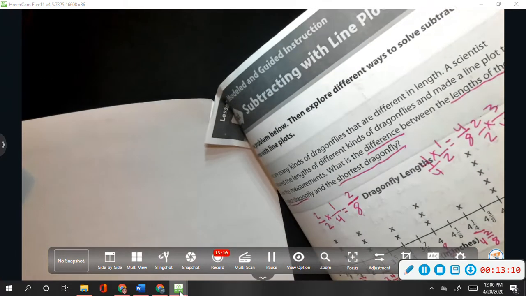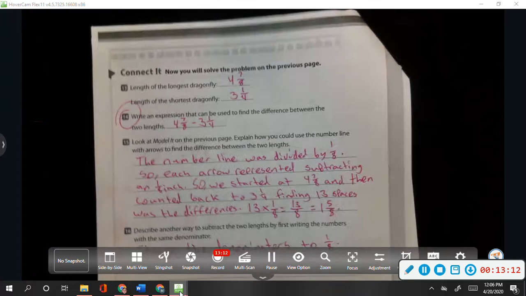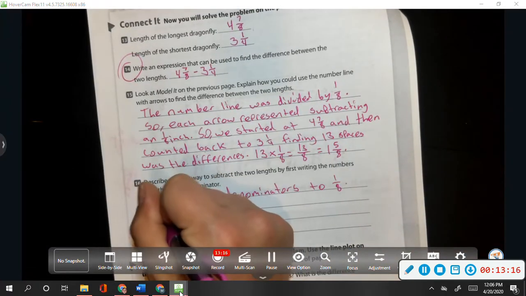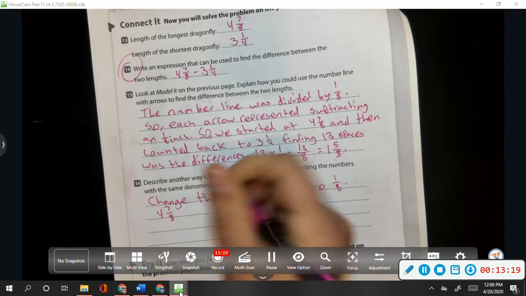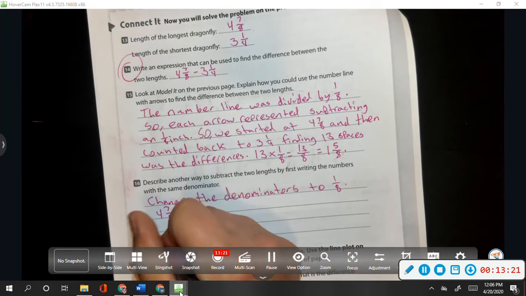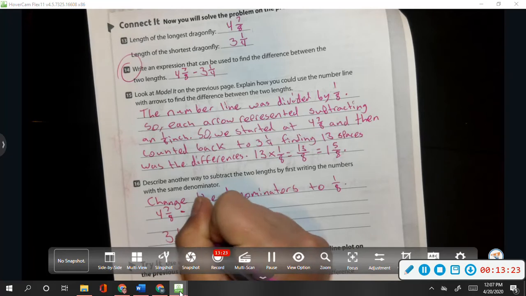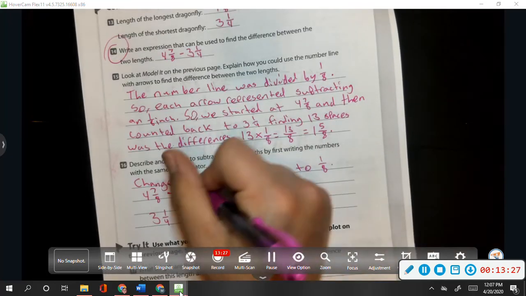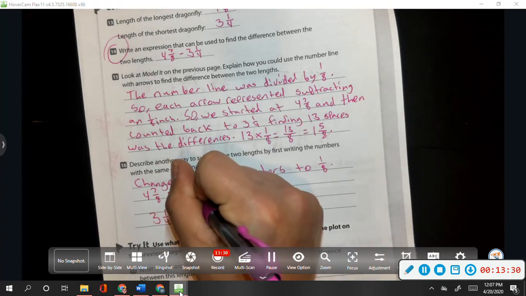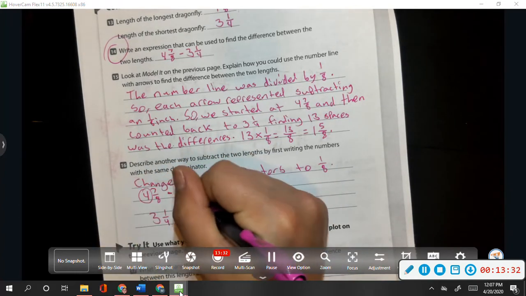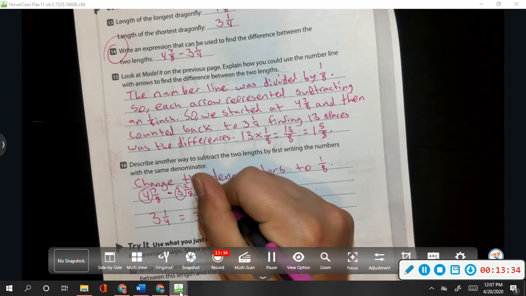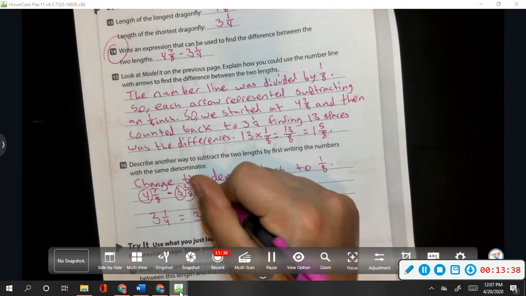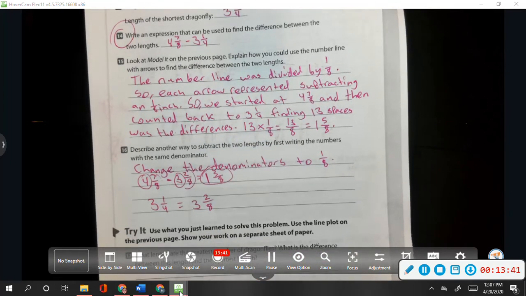Yeah, a brain fart for a second. So we know that our longest dragonfly was 4 7/8, and we're going to change that 3 1/4 to 3 2/8. And then we'll just subtract. We take our whole numbers, 4 minus 3 is 1, and then we take our fractions. 7 minus 2 is 5/8. And there's our answer.